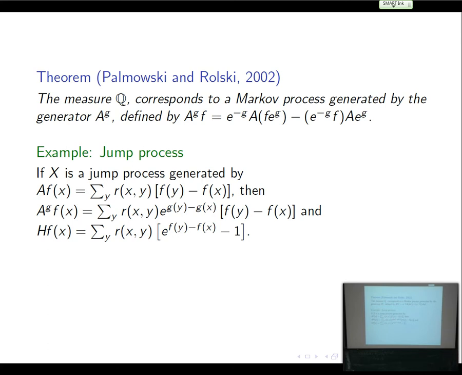If I then look at A to the power G, A^G of f, what I actually see is that it has exactly the same form, except that the rate has been changed by this exponential factor. So this martingale really changes the process in such a way that it still remains of the same structure, but the jump rate is tilted.